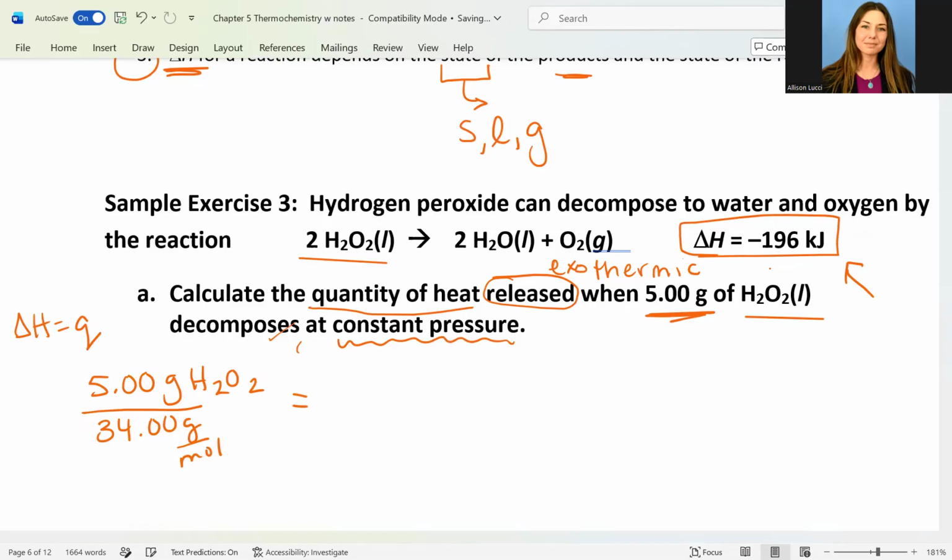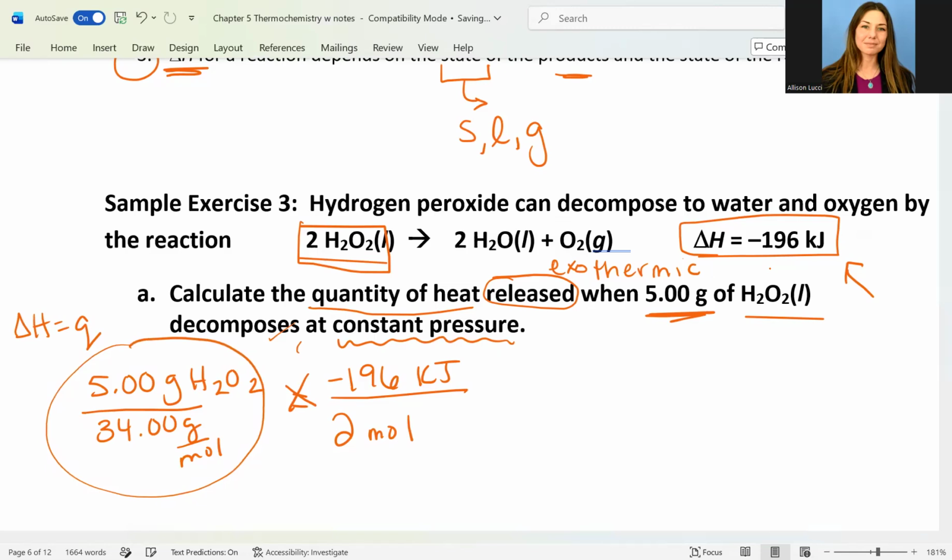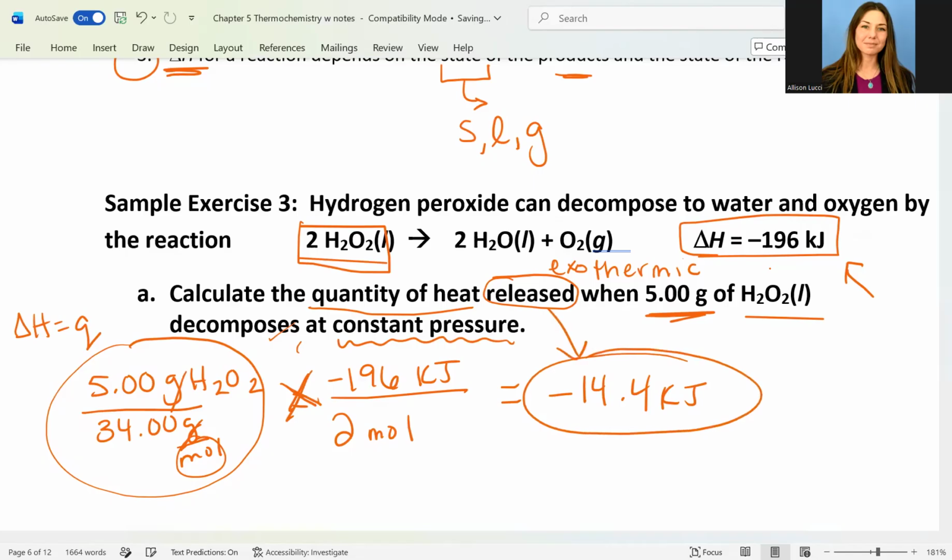So that means that I have this term here that I can use for every 2 moles, this negative 196 value as a conversion factor. And I can say that I release negative 196 kilojoules for every 2 moles. And this term would have been converted to moles because grams would cancel out. So now I want to multiply by negative 196 divided by 2, and that will give me my answer of 14.4 kilojoules. And this is the quantity of heat that is released.